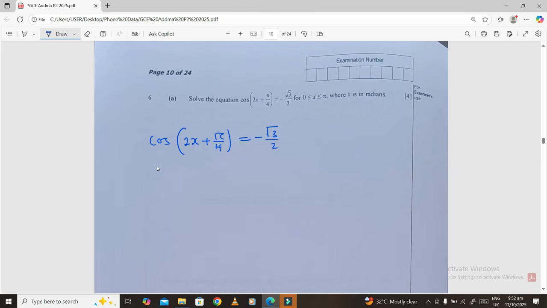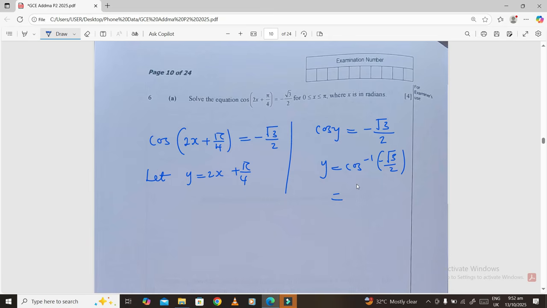So here we can say let y be equal to 2x plus pi over 4, meaning we're getting cos y is equal to what we have right here. So y will be equal to cos inverse of negative square root of 3 over 2.